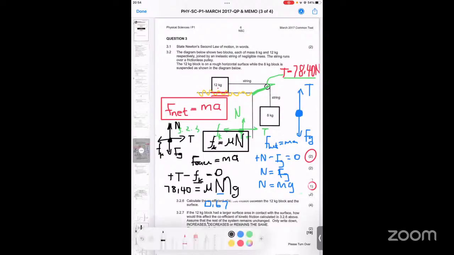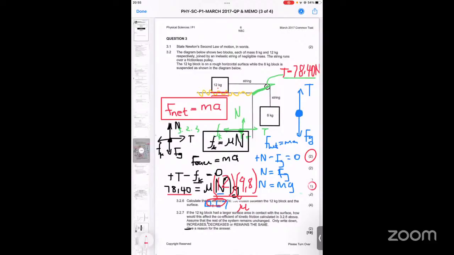And we know the value of m, which is 12. The value of g is 9.8. So that's why they say that divided by that, and that's how they get the mu, which is the coefficient of kinetic friction. Does it make sense? So we said 78.40, and you divide it by the answer of 12 times 9.8.